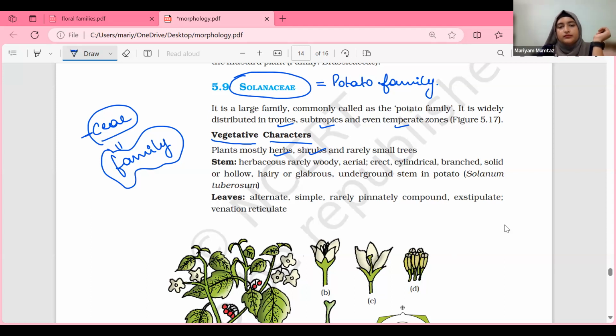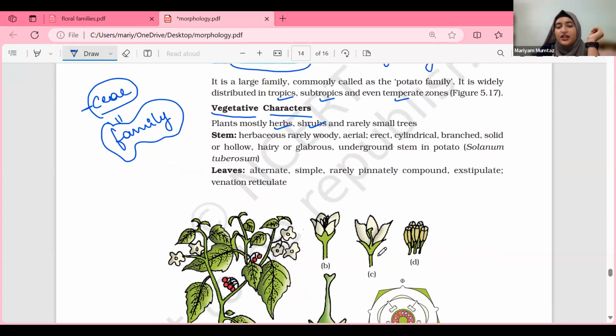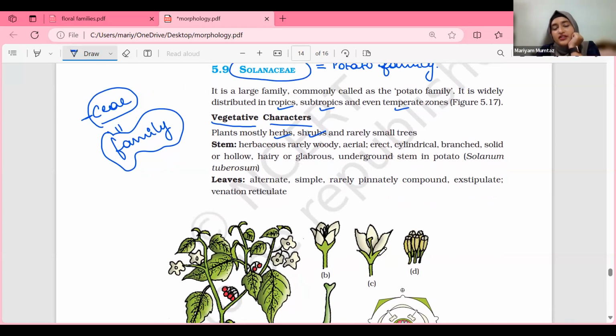Now, let us talk about the stem. How is the stem? So the stem is herbaceous, rarely woody. Obviously, since there are no huge trees and even the smaller trees are rarely found, they don't have a very strong and thick trunk.